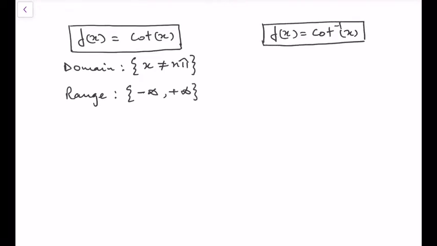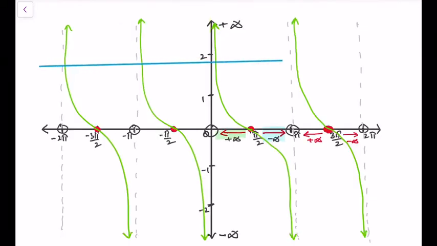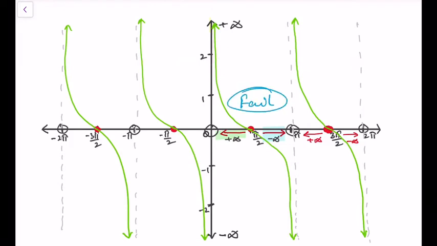Now for this function to have an inverse, it must pass the horizontal line test. So let's see if it will pass or not. Now since this horizontal line is intersecting this graph at more than one point, it will fail the test.